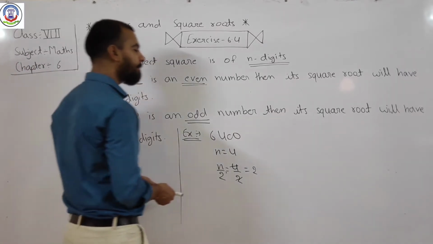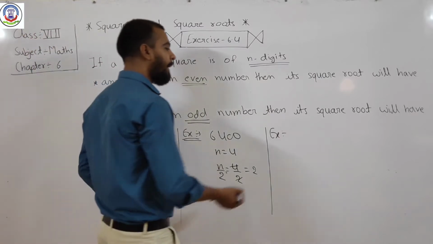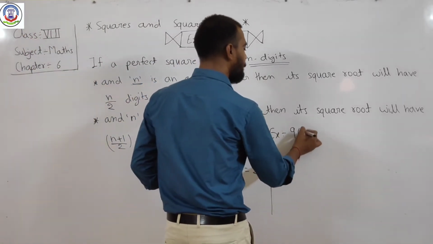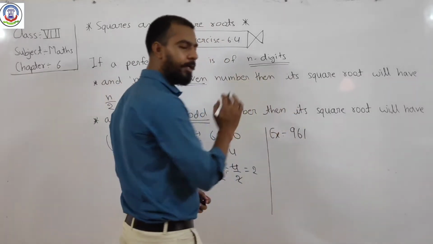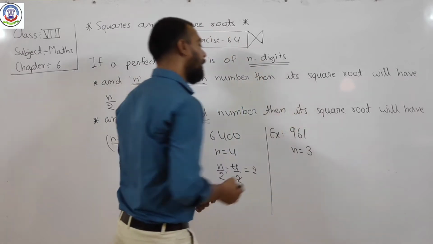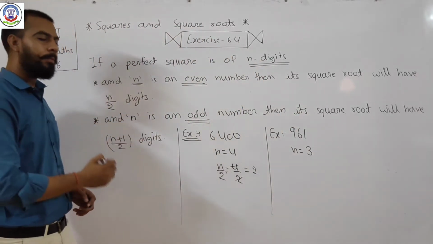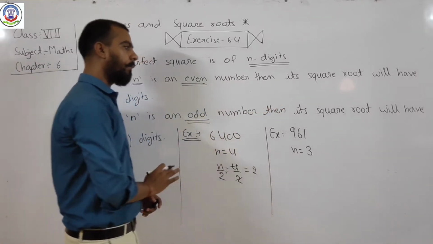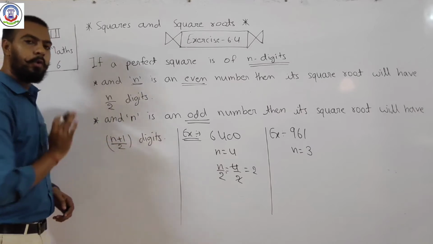Let's take another example. Suppose we have 961, and 961 has 3 digits, and 3 is an odd number. That means the square root will have n plus 1 upon 2 digits.